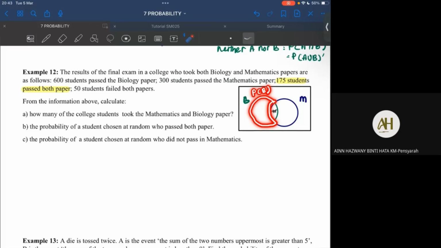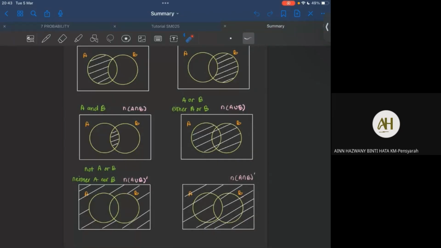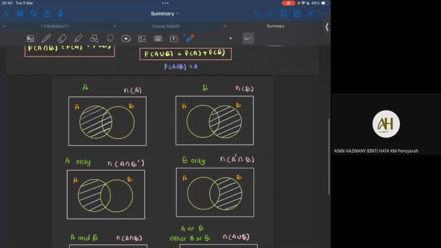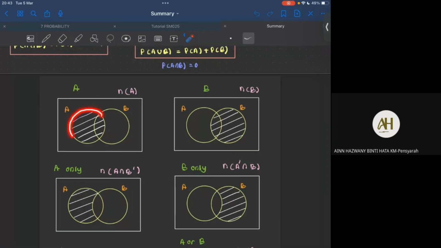Probability of pass biology. Ini macam salah je. Ini ialah P B. Contoh, keseluruhan ini ialah P A. Probability, contoh, pass biology.